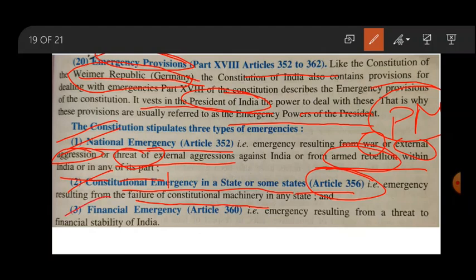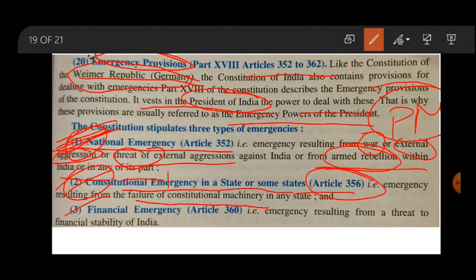Number 1 and 2 have been declared several times. We were at war. We had wars with Pakistan, 1949, 1965, 71, like that. We have already had 5 wars since the independence of our country.